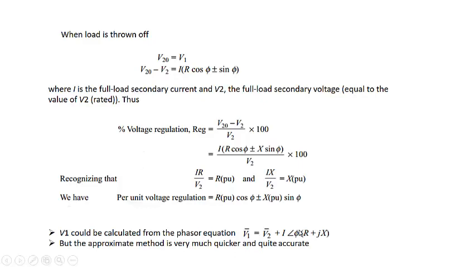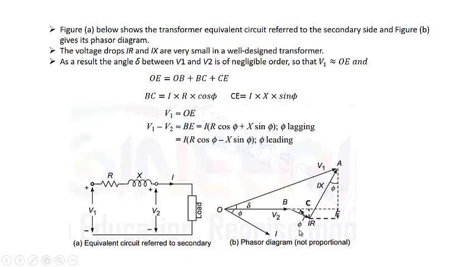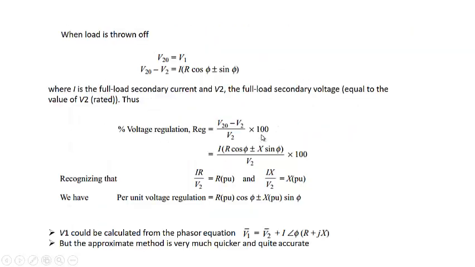But since this is an approximate value, you can calculate V1 by this OE, that is OE will be equal to V2 plus this value. The other equation is accurate, but this one is very simple, because the accurate equation involves the phasor sum or complex numbers, and this does not. Definitely there will be some error using this. This is the accurate one, this is the approximate one.